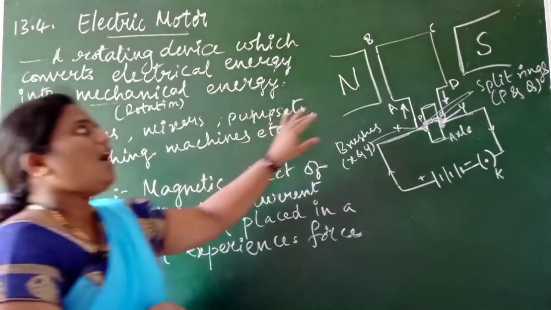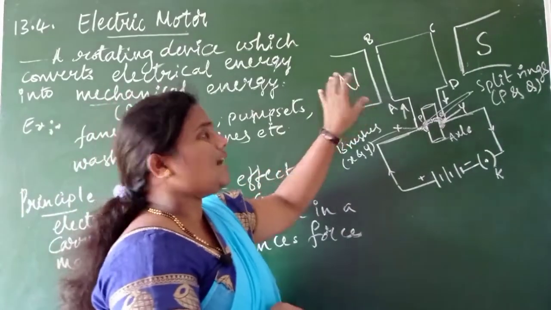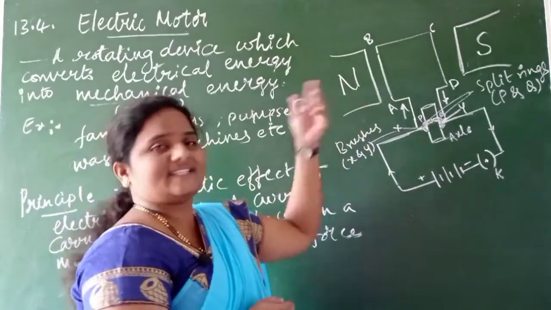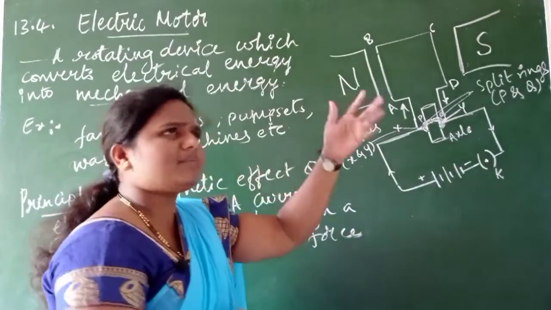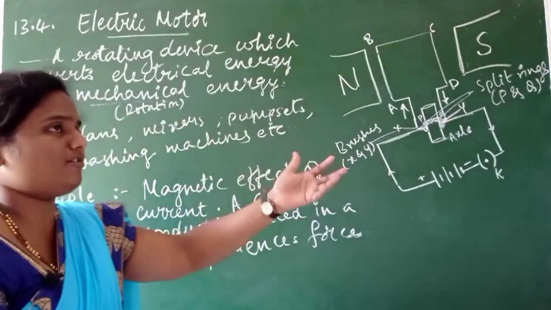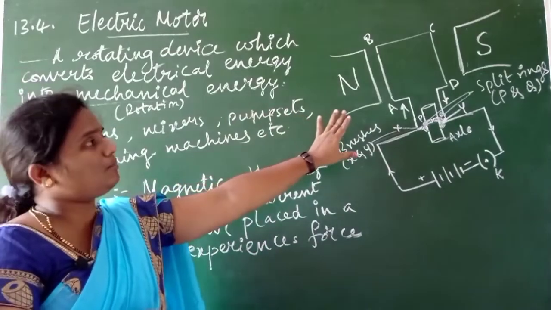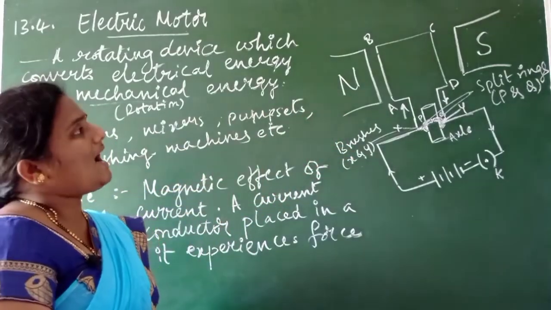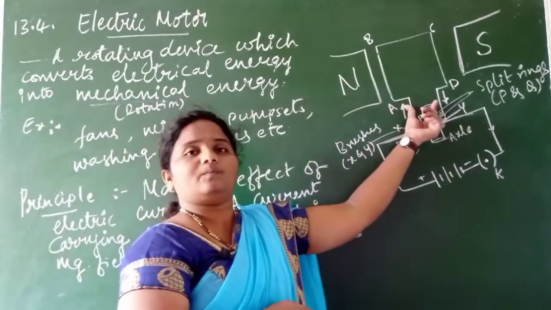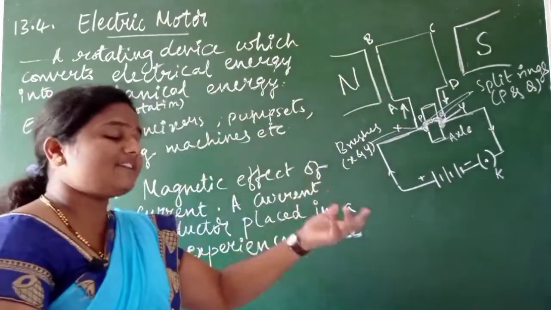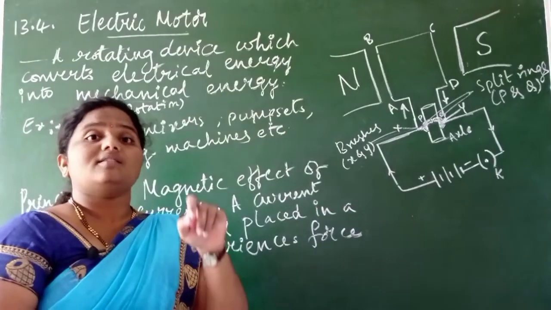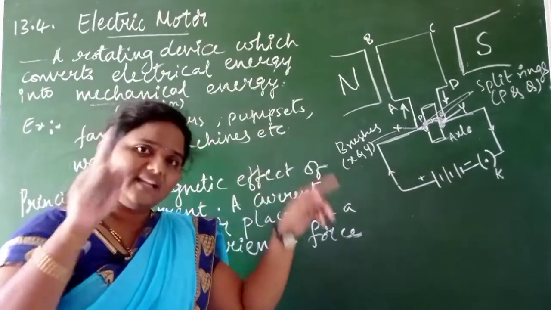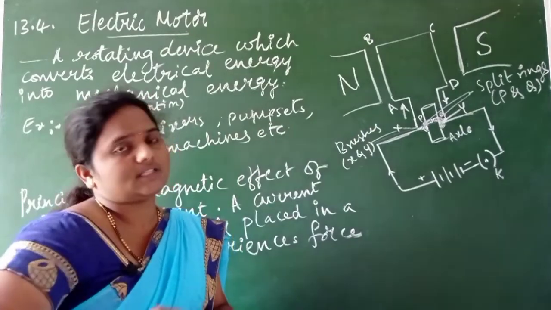See here, in order to construct an electric motor, we need two powerful magnets, isn't it? That is different from the commercial motor, we will discuss afterwards. In general, an electric motor consists of powerful magnets and a coil. Earlier we studied that if a straight wire is bent in a circular pattern, it is called a circular loop.